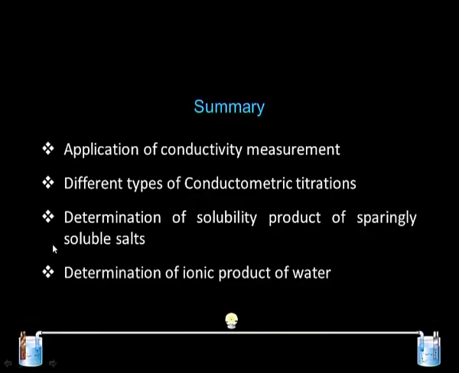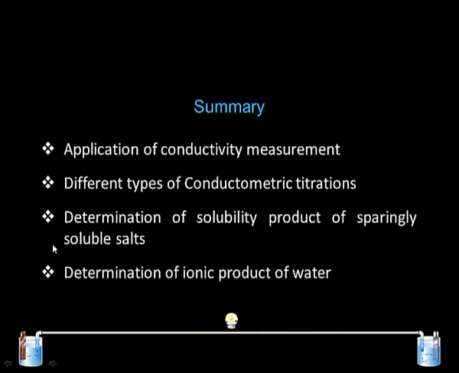In today's lecture, we discussed the probable applications of conductivity measurements, especially conductometric titration, which is relevant for different cases: strong acid, weak acid, weak base, and such permutation combinations of acid and base. So, neutralization reactions can be easily studied using conductometric titration.